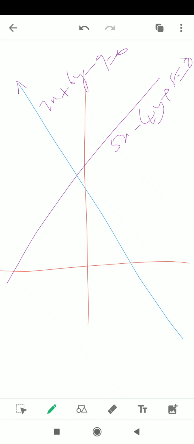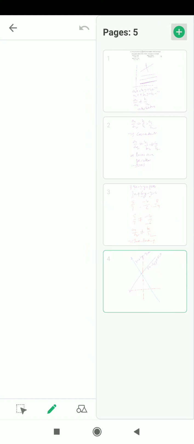So this is this equation and this will be this equation. Both intersect at one point. Okay. Next one. What is the second problem? When we compare, what are the equations?